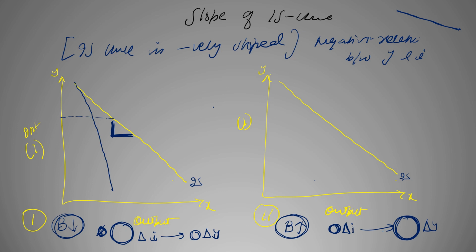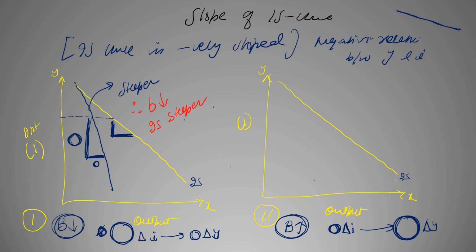But now, with this steeper curve, you can see this huge change in I is leading to a very small change in Y, and that is why your graph is steeper. Therefore, when B is lower, the IS curve will be steeper.